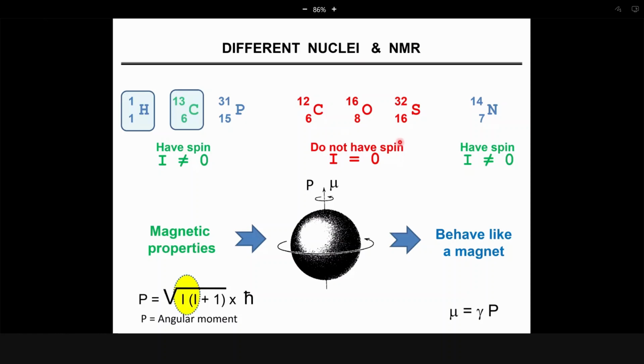As I said, because the I number is different from 0, the atom is just like a magnet. It has a magnetic moment and it will behave like a magnet.